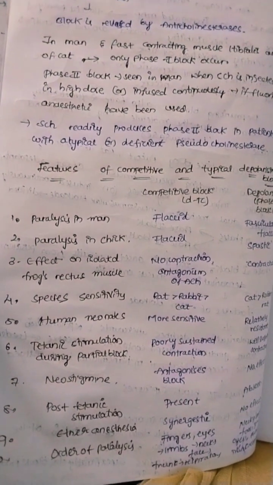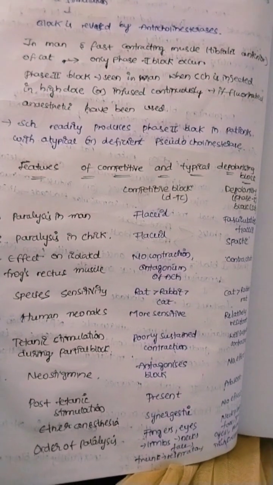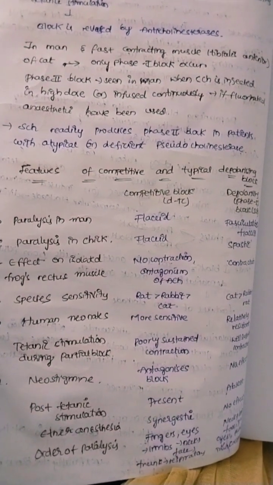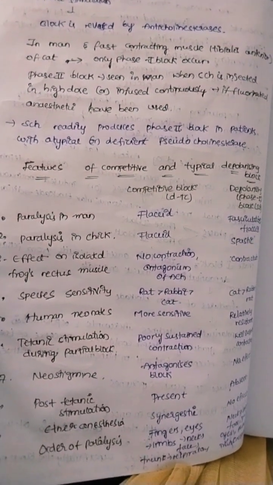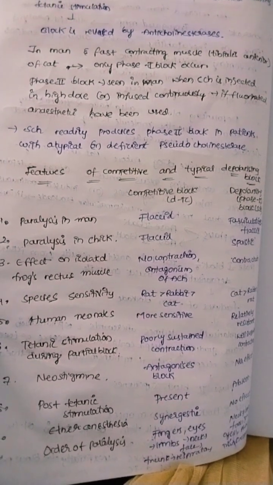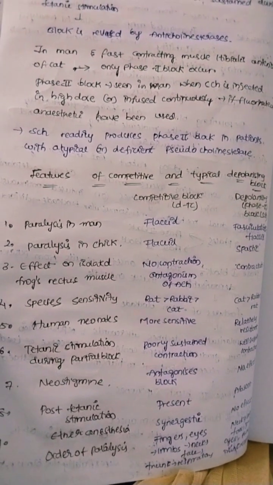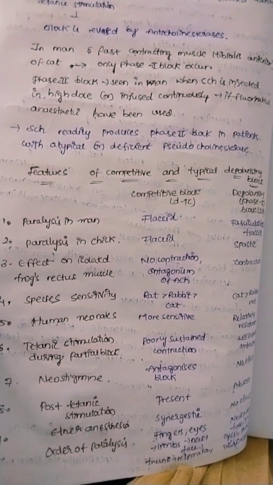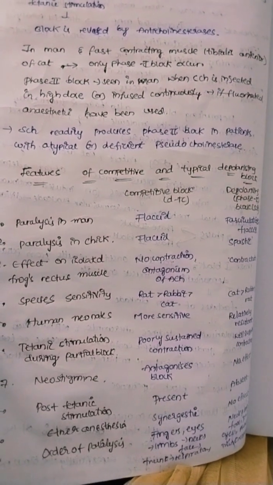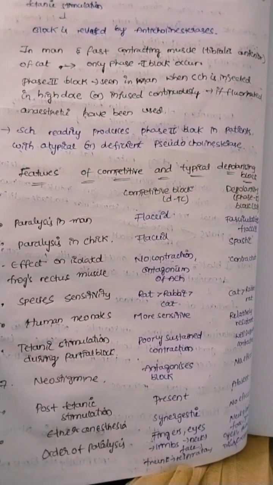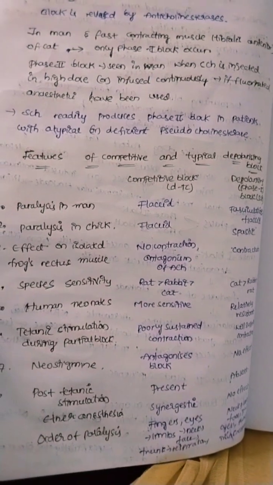Effect on isolated rectus abdominis muscle: no contraction with D-tubocurarine, contraction with succinylcholine. Species specificity: with D-tubocurarine, rat is greater than rabbit is greater than cat, whereas with succinylcholine, cat is greater than rabbit is greater than rat.